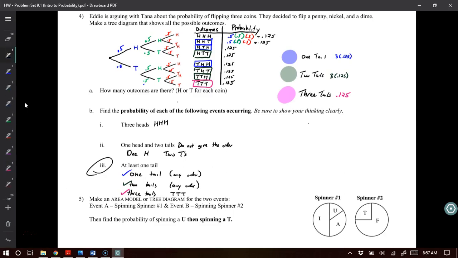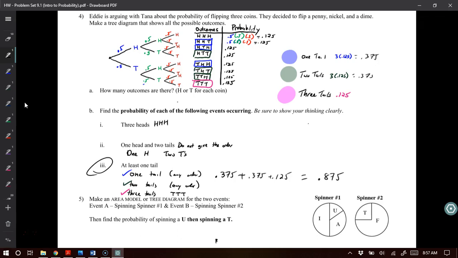I could take my 0.375, 3 times 0.125, plus my 0.375, 3 times 0.125, plus that 0.125. And in that case, I'm going to get 0.875.